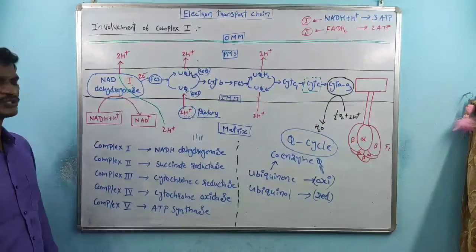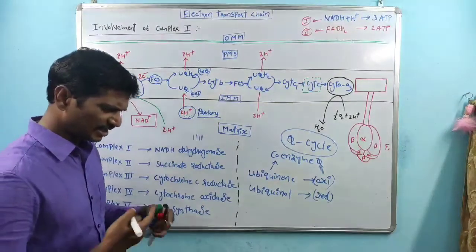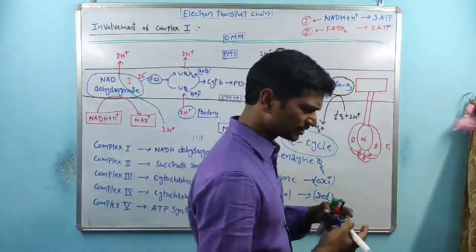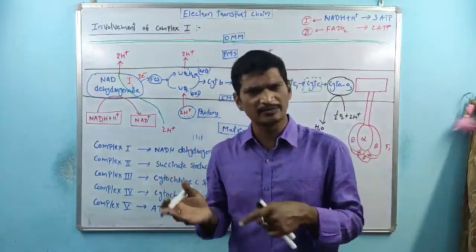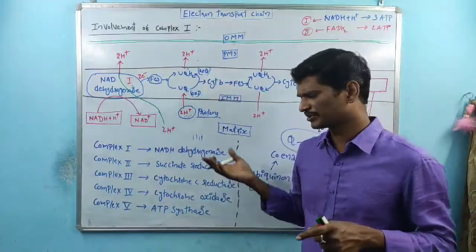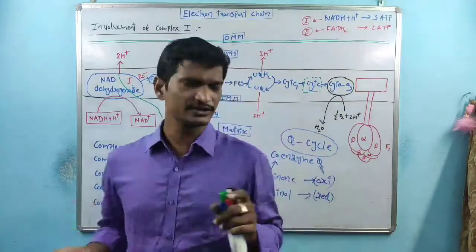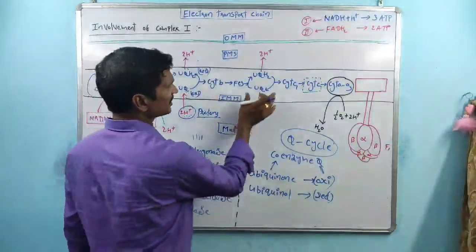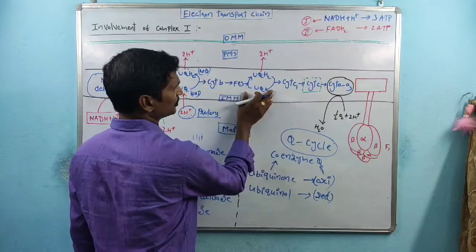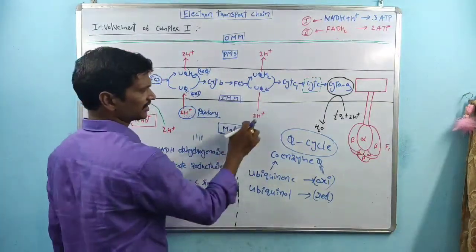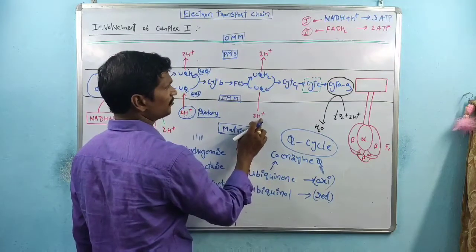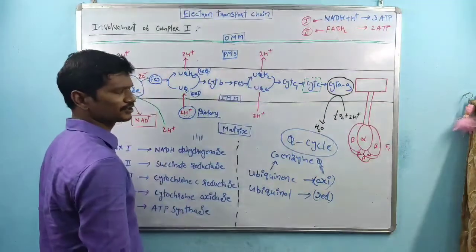In the Q cycle there is conversion from oxidized state to reduced state to oxidized state, so the reactions take place in a cyclic manner. That's the reason it is called the Q cycle. Again at complex 3, pumping of 2H plus ions takes place, and H plus ions are transported from the matrix to the perimitochondrial space.